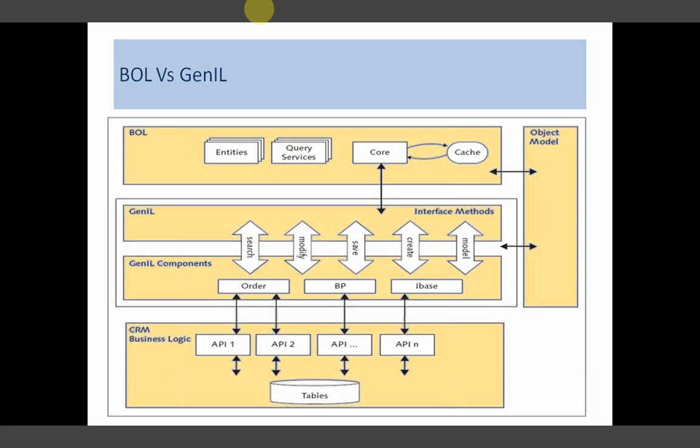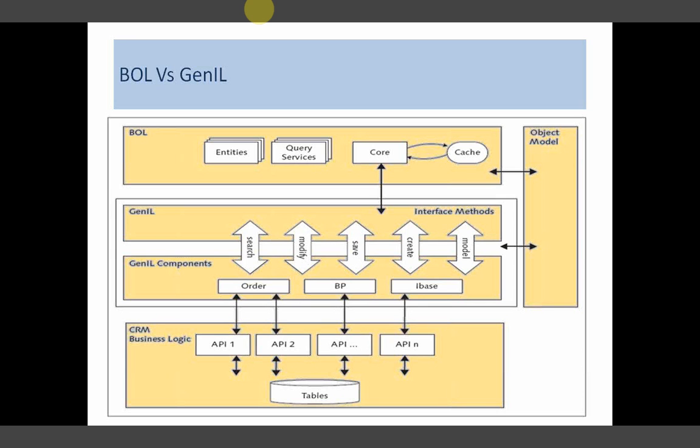There are a lot of standard GENIL components provided. Those components will interact with the APIs, meaning maybe BAPIs, maybe RFC, or maybe a general class which fetches the data from the tables.